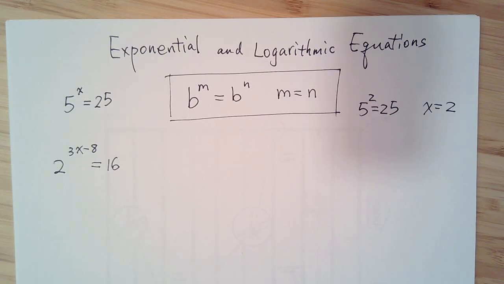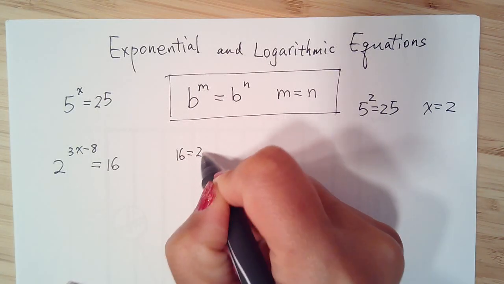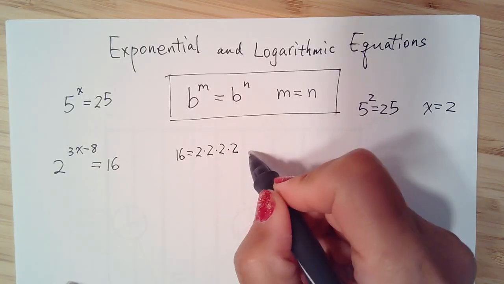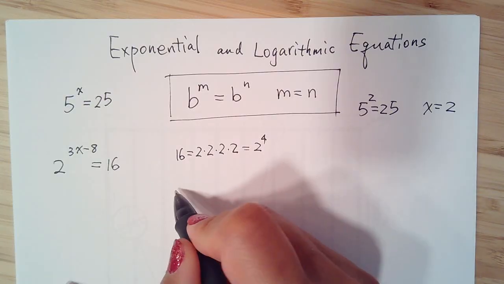Now, we know the relationship between them because 16 equals 2 times 2 times 2 times 2, isn't it? 2 times 2 is 4, 4 times 4 is 16. So that's 2 to the 4th power. Let me rewrite that.